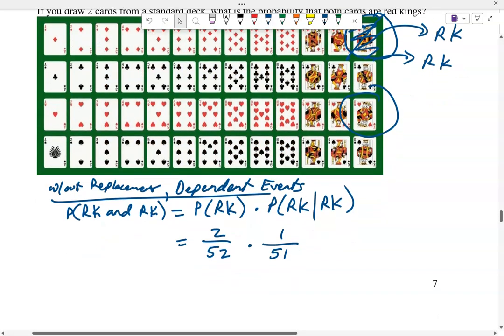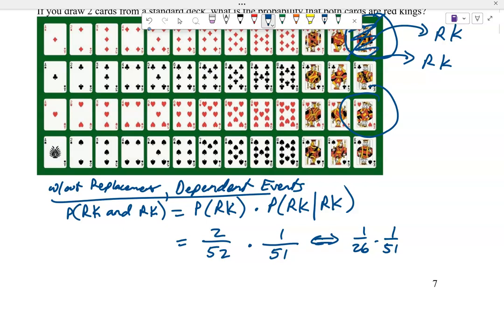And so we got, let's see, 2 out of 52 is 1 out of 26 times 1 out of 51, so that ends up being 1 out of 1326, or 0.000754. So it's like a 0.08% chance. Not very likely you're going to pull 2 red kings on that.